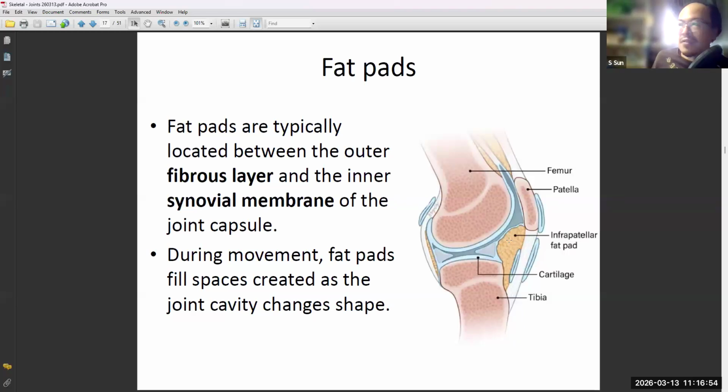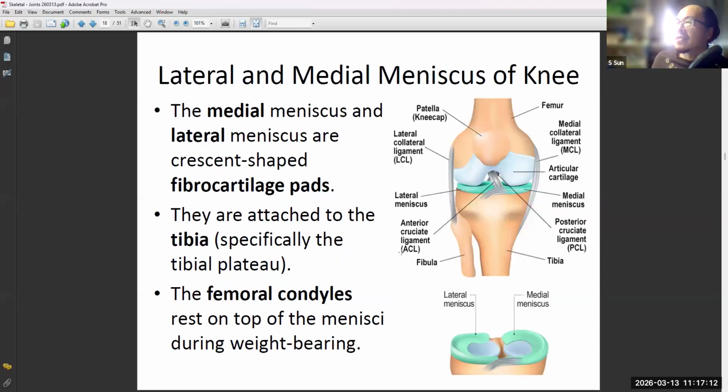For the larger joint, there's more space, so you need something soft to provide some support. That is fat pads. In some joints, we also have something like a disc, but not a full disc, a semi disc, crescent shaped. We call them fibrocartilage pads.